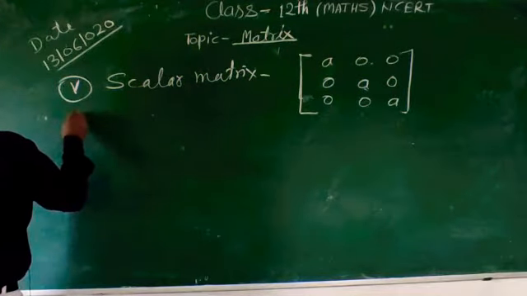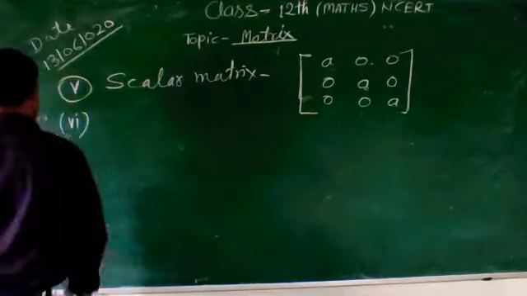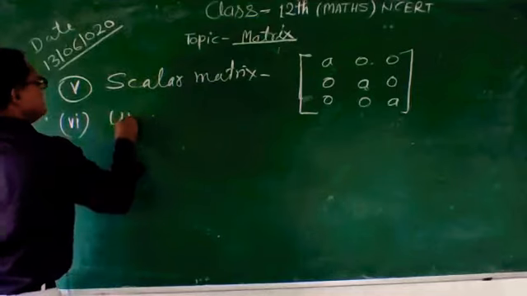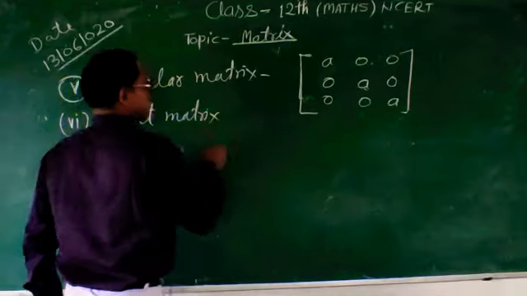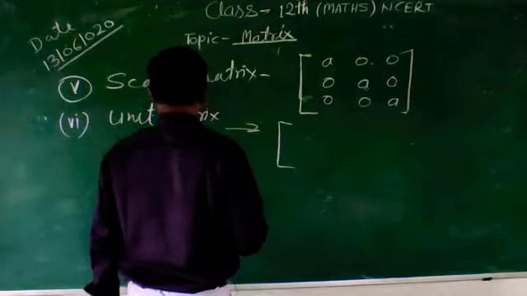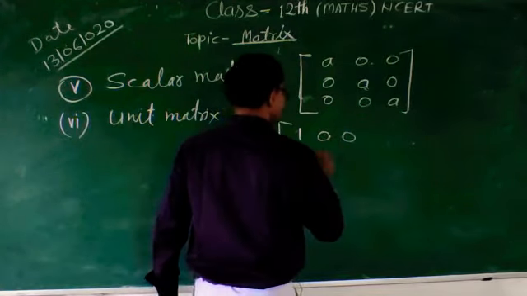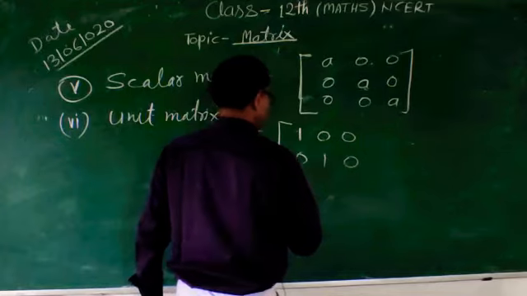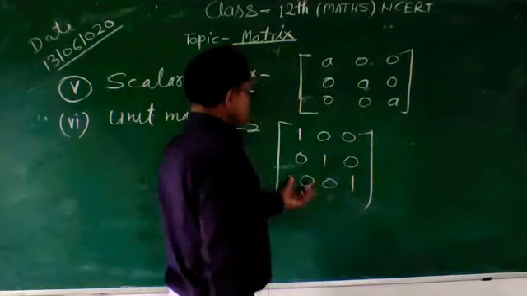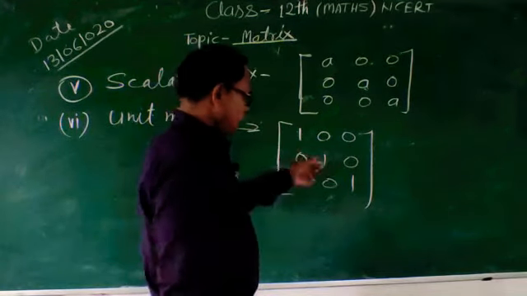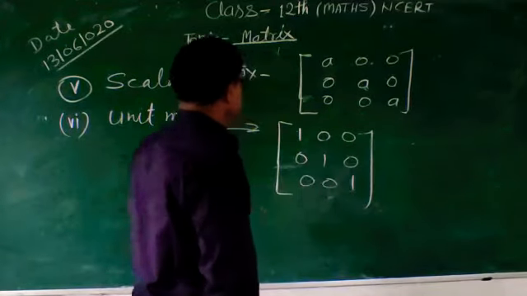Sixth case, unit matrix. We show it as 1 0 0, 0 1 0, 0 0 1. In this case, the diagonal elements are always 1.